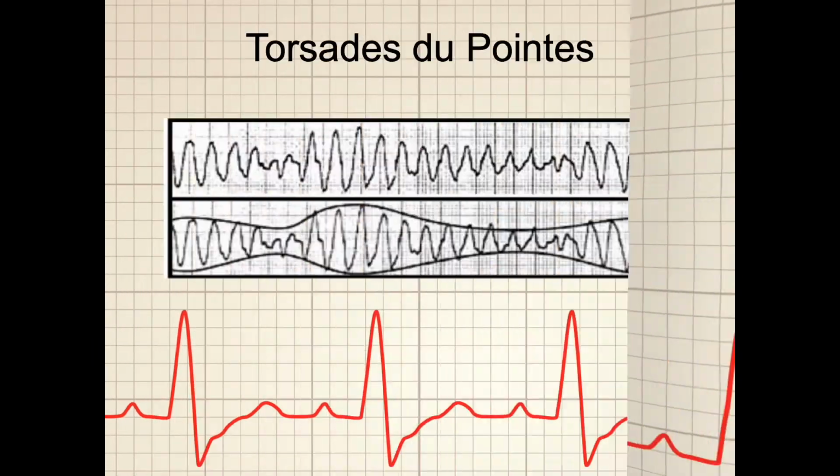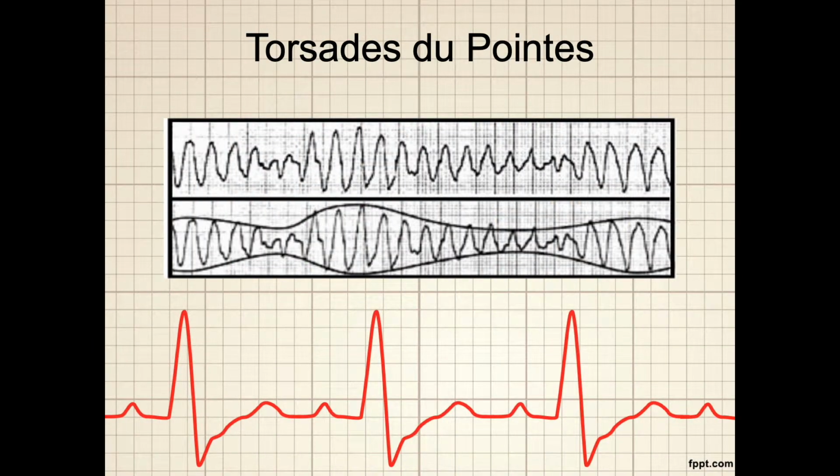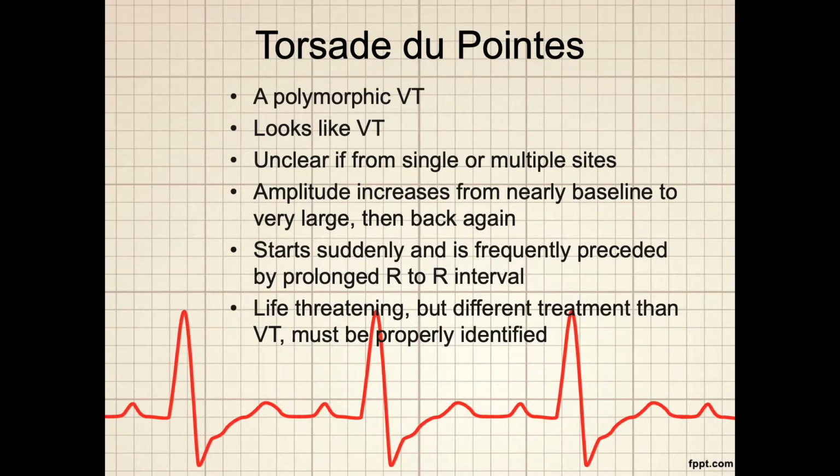Compare the monomorphic ventricular tachycardia to another type called polymorphic ventricular tachycardia. In this case, this represents Torsade de Pointes, or twisted ribbon. Torsade de Pointes is a polymorphic VT, and it looks like VT, but it is unclear if it is from a single or from multiple sites.